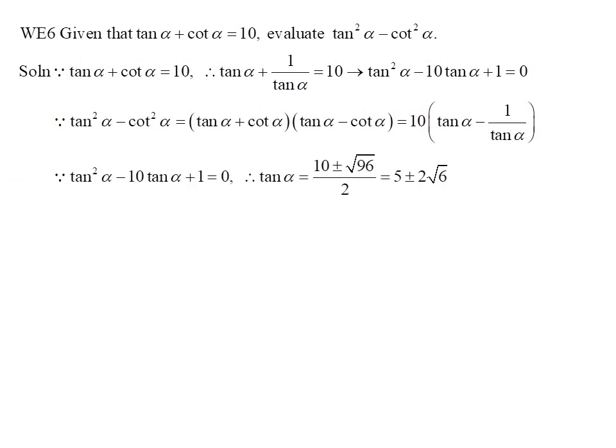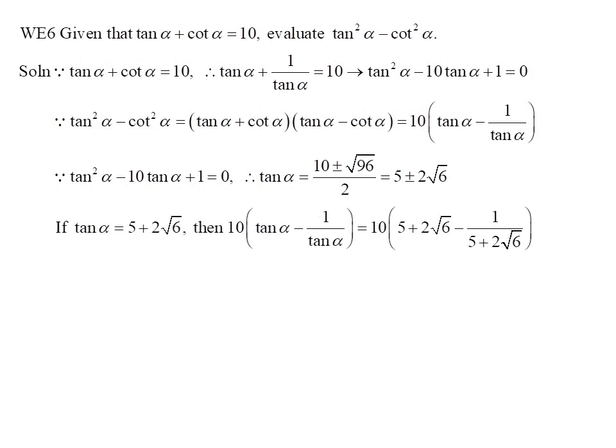Since we have the quadratic-like trigonometry equation, we may use the quadratic formula method to find the value of tangent alpha, which equals 5 plus or minus 2 square root 6. Hence, we may calculate the value of tangent squared alpha minus cotangent squared alpha, which is now expressed as 10 times tangent alpha minus its reciprocal, in parentheses.